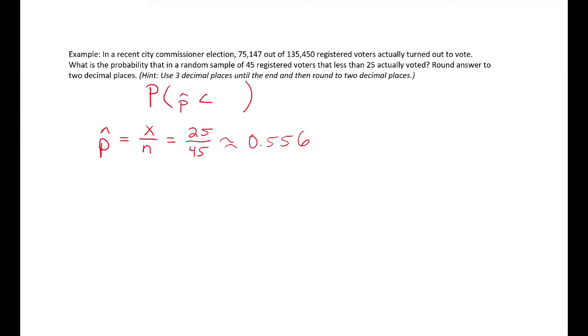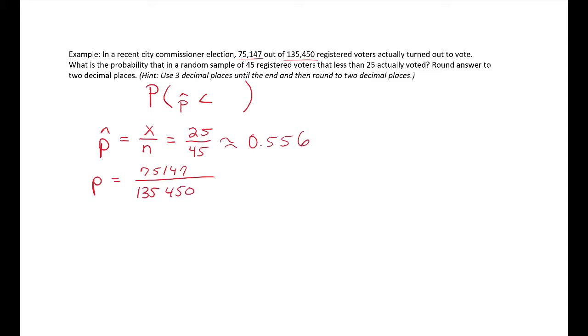However, this is not to be confused with our population proportion. The population proportion will come from the information we're given at the beginning of the question. We know that 75,147 people voted out of a grand total of 135,450 registered voters.